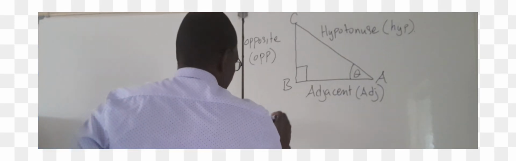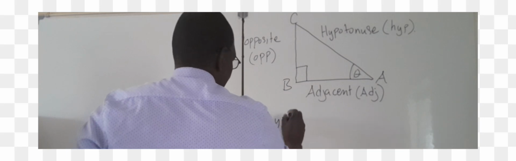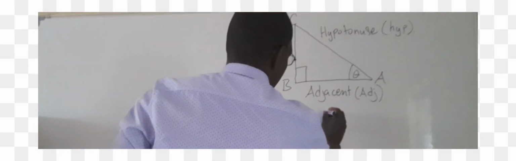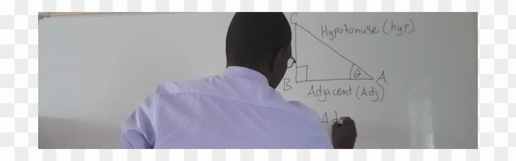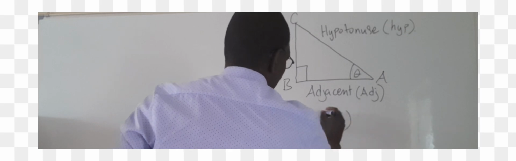Now, what does Pythagoras theorem say? Well, Pythagoras theorem says HYP squared is equal to ADJ squared plus OPP squared.